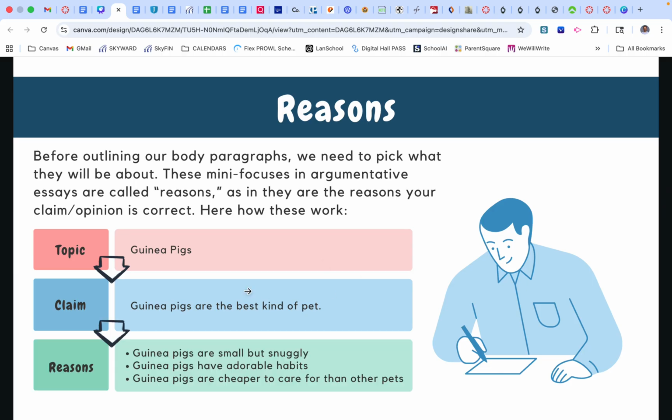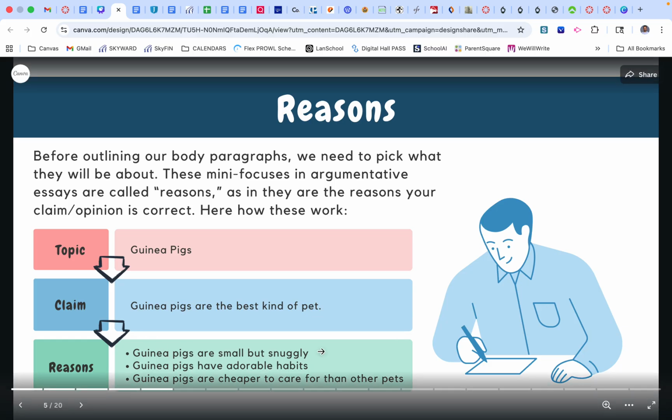Well, if we look back at her writing, there are a couple reasons that we could make. She said that guinea pigs are small but snuggly. She also said guinea pigs have adorable habits. And she said that guinea pigs are cheaper to care for than other pets. These are all reasons why this claim is correct.